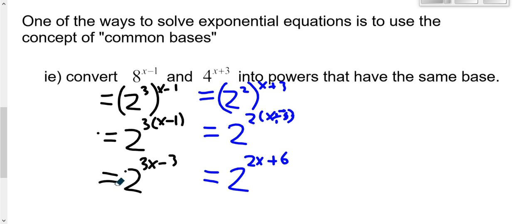Now if you look at this, these two exponents have been converted to something else that have the same base. At this point, you are just practicing this skill, converting an exponent into a base that is common to another exponent.